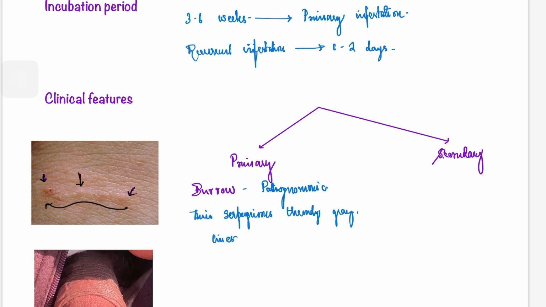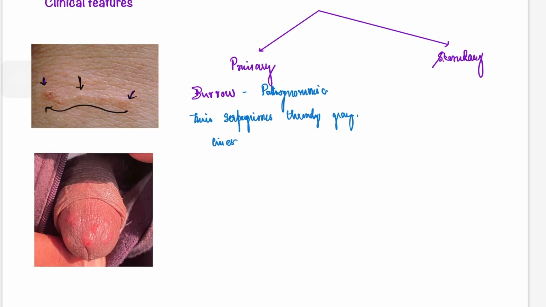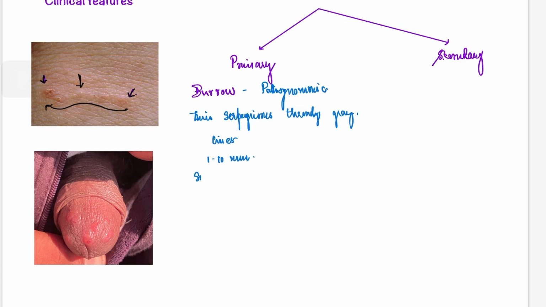At the site of entry, you would see the scaling, and the site where it is currently, you would see the papule or vesicle. The length would be around 1 to 10 millimeters. The site of entry is scaly, and the current site would have a papule or vesicle. This is because of the inflammatory reaction.